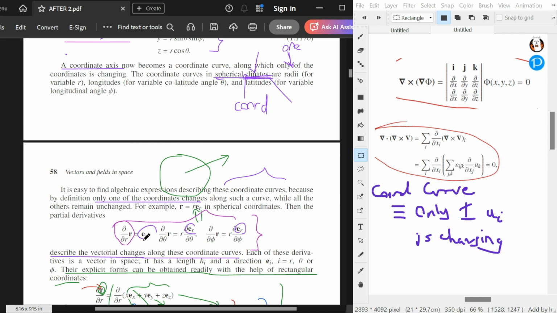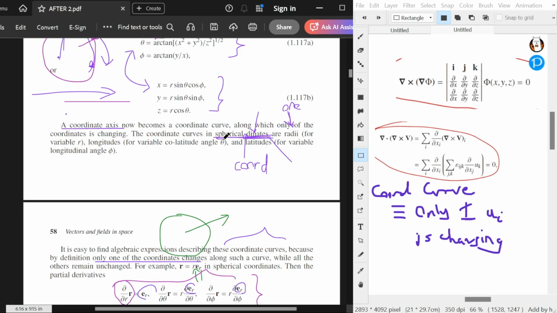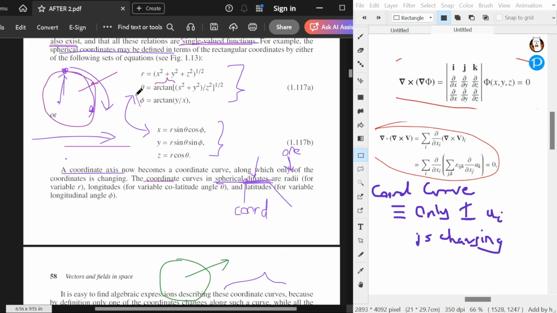So for the three coordinate curves, you just partially differentiate in the direction of that curve, of the unit vector, I guess. You partially differentiate it in the direction of the coordinate, these guys.